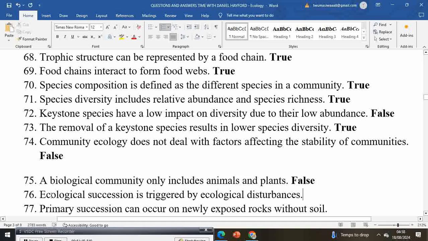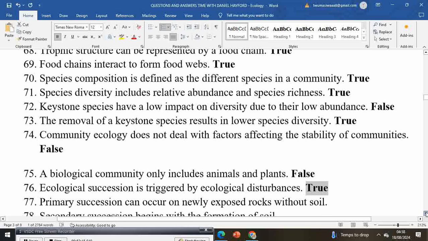The next is 76. Ecological succession is triggered by ecological disturbance. This statement is true. You know, ecological succession occurs after a disturbance has taken place. What are some of the disturbances that can take place in a community or in an ecological system?